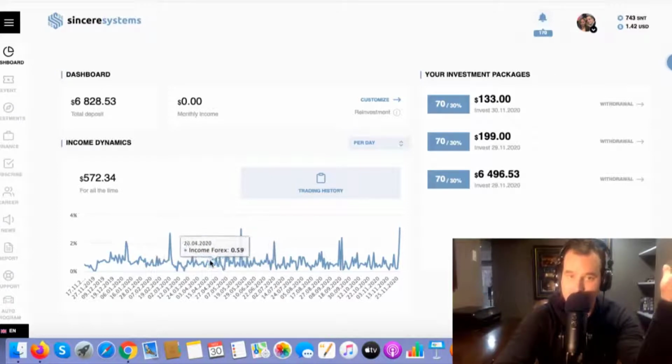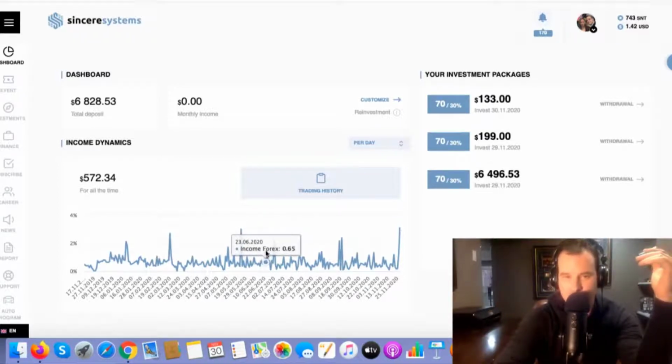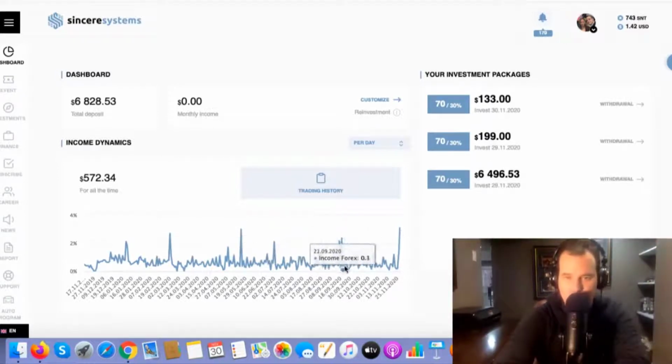On average, what I'm seeing here is about 0.50% a day, 5 days a week, to 0.70 maybe, something like that. At least once a week, we see around 1% or so. But guys, it's not a Ponzi scheme. There's days where you hardly earn anything. And I just want to talk about this for a little bit because this is a question you'll get a lot if you're promoting, like, oh, that's a Ponzi scheme.